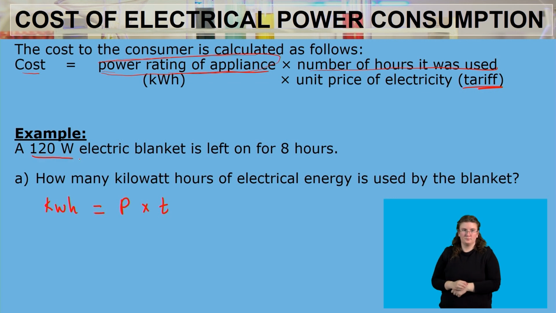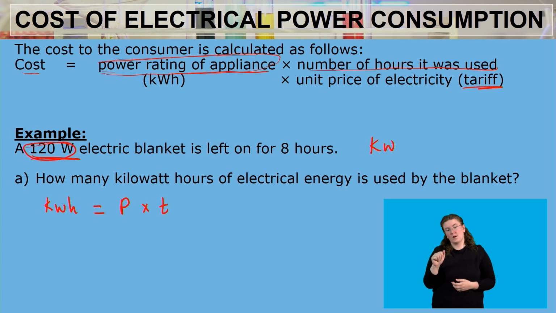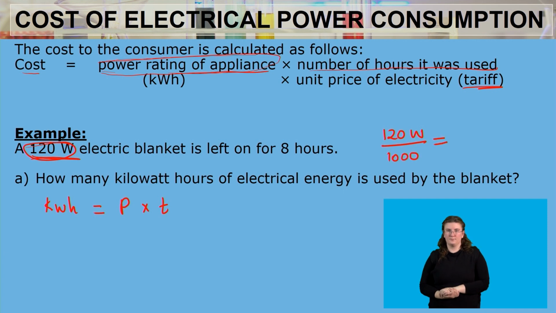We need to make sure that our power rating is always in kilowatts. So we need to convert our 120 watts into kilowatts, and to do that, we divide the 120 watts by 1000. Dividing 120 watts by 1000 gives us 0.12, and this 0.12 is in kilowatts.